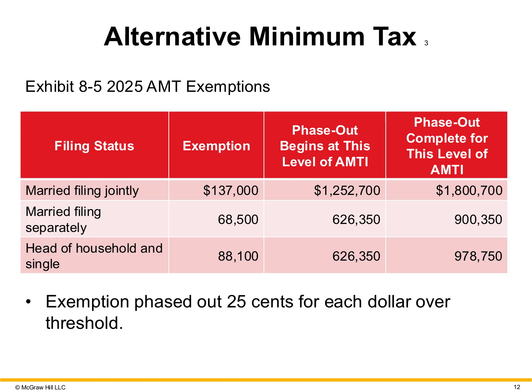Like we said a little bit earlier, the alternative minimum tax is really targeted toward the higher income taxpayers. So these exemptions, they are based on your filing status, and the exemptions are phased out at 25 cents for each dollar over your threshold.